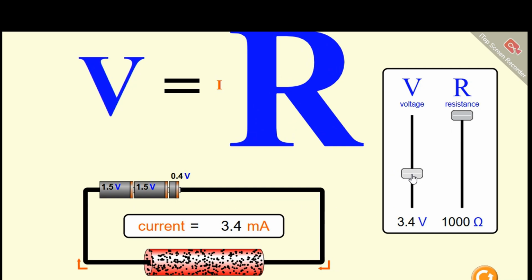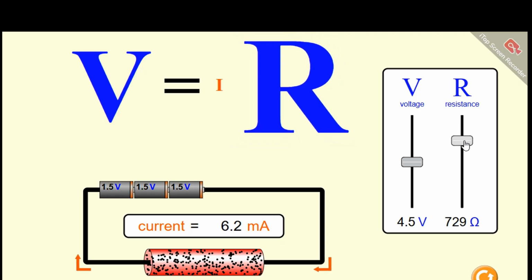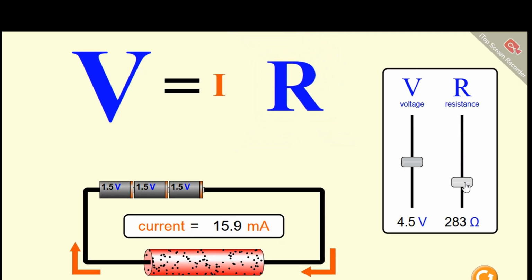And if we increase the voltage by another 1.5 volts, adding that, we have 4.5 volts, and the resistance value is about 1000 ohms, the maximum value, for which the current will be 4.5 milliampere. And if we decrease the resistance value, you can see that the value of current increases.